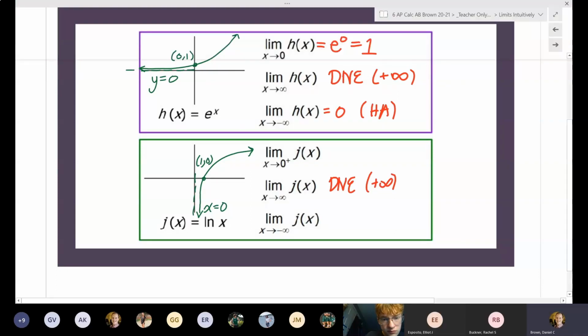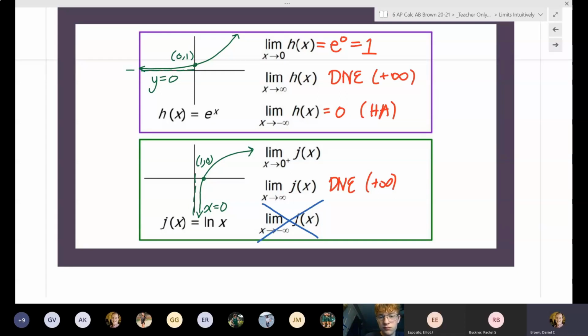I'm going to do the negative infinity first. Technically, saying x goes to negative infinity doesn't really make sense for this problem. The technical answer would be does not exist, but I wouldn't ask you what happens as x goes to negative infinity, because the graph is always greater than 0.